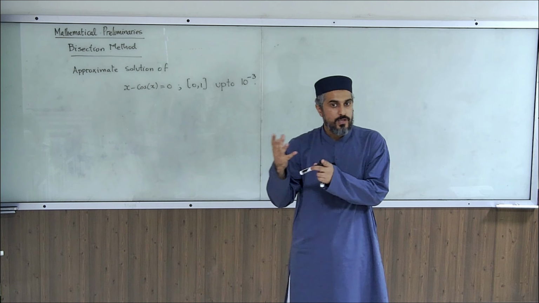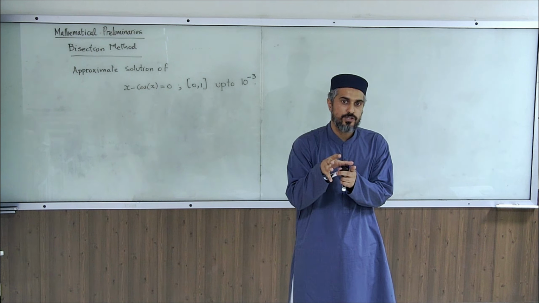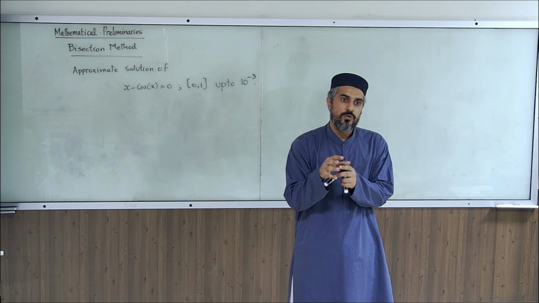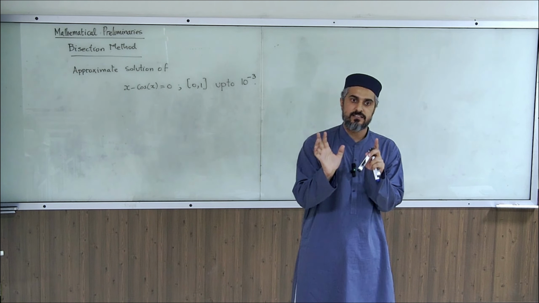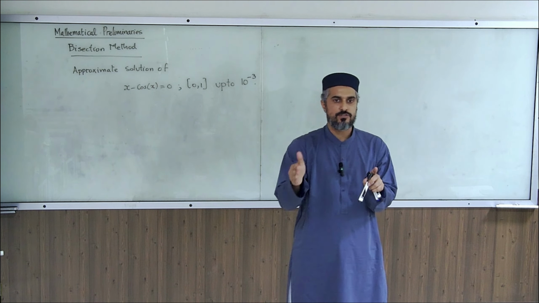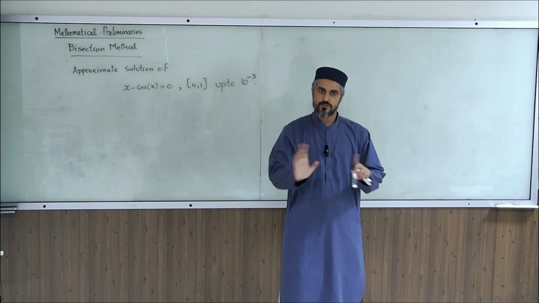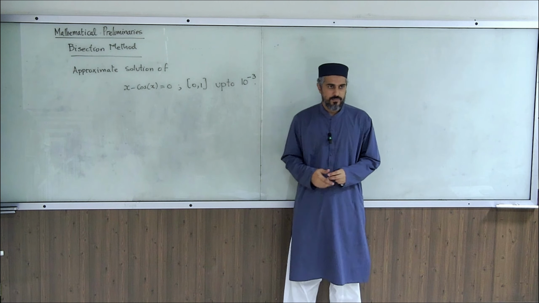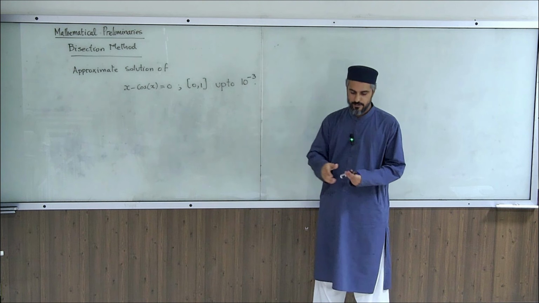So when you say up to certain decimal places, it means you want a solution up to that point. We don't need a 0 that is exactly 0. It can be 0.0001 and the solution will be sufficient for me. So that will be a thing and we will be using it.